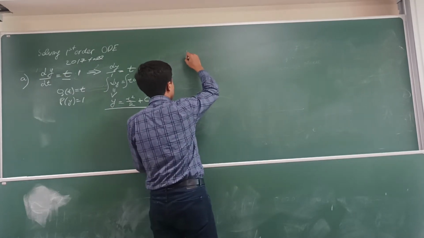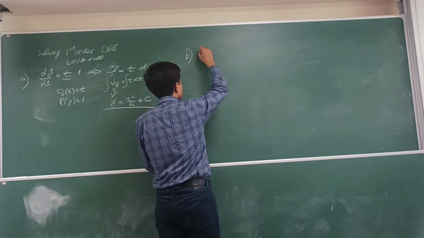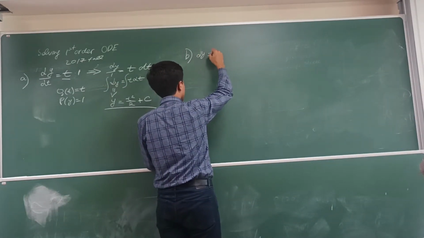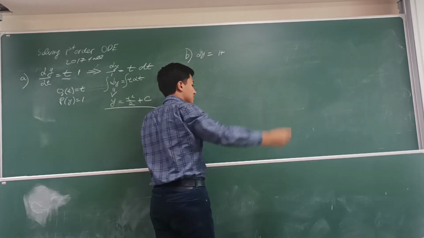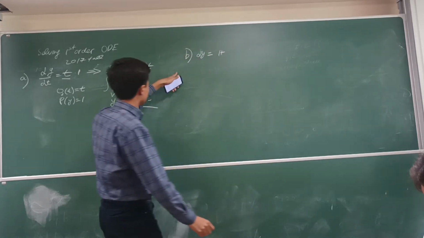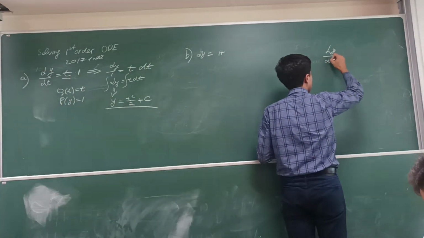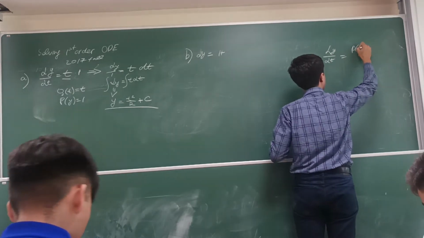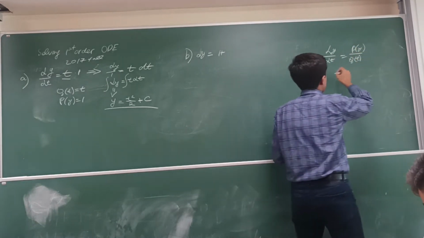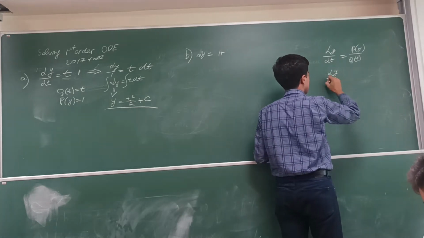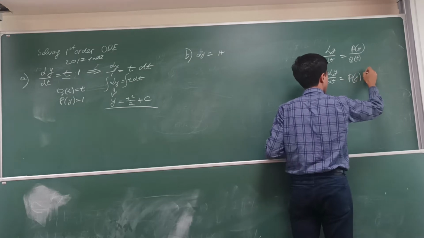Okay, part B, let's say. So a little bit trickier. dy/dt equals 1 plus... Actually, before that, here I've written dy/dt in the form of p(y) and q(t), right? This condition is also okay. If there is multiplication, this is also okay.